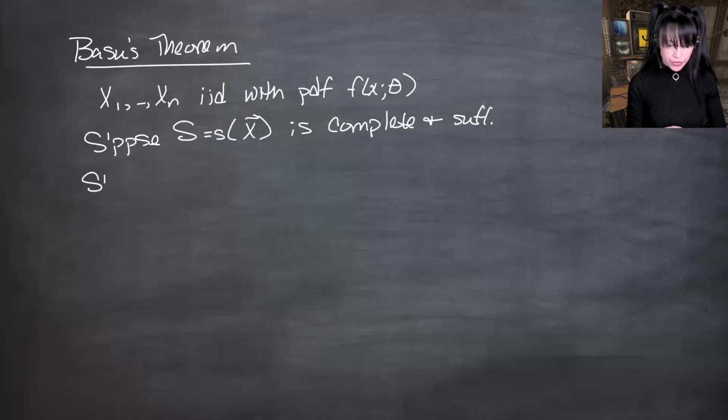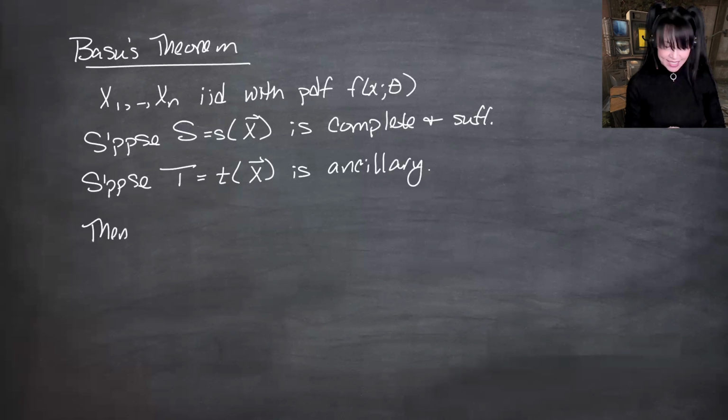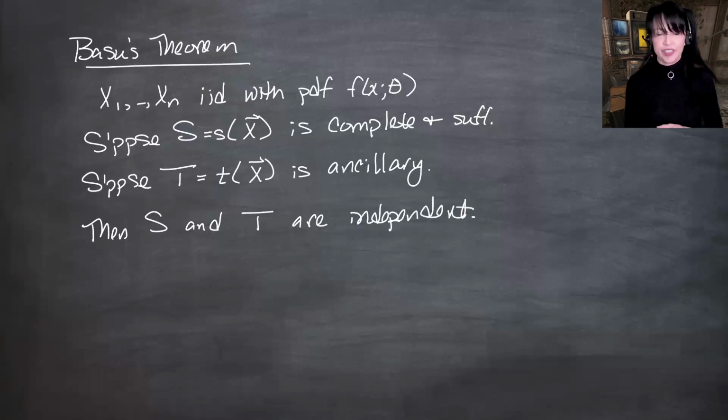And suppose that T, another statistic made out of the data, is ancillary. Then the punchline is that S and T are independent. Let's prove it.